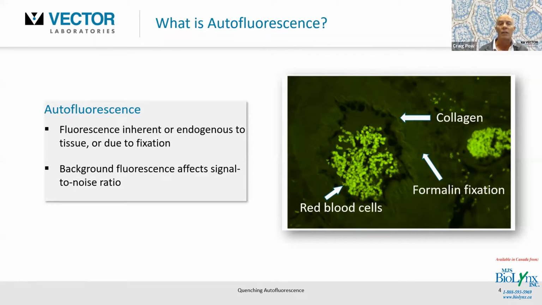You can imagine if you were working in the green spectrum, if you had a GFP protein, green fluorescent protein, for example, or you were using a standard fluorescein or an Alexa 488 or a DyLight 488, and trying to identify a marker here, you're going to have a lot of problems identifying what is specific from that background autofluorescence.